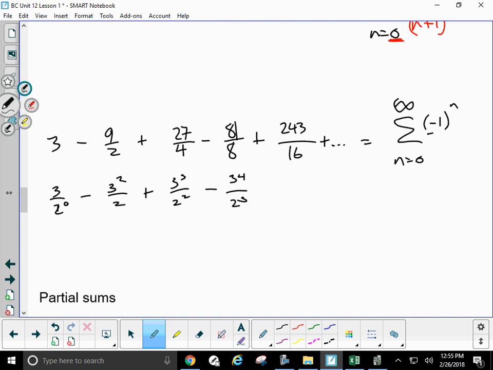I see in the denominator, if I start with n equals 0, that would be a 2 to the n. And I got 3 to the first, and 3 to the second, and 3 to the third. So if I start n at 0, how do I make this 3 to the first? 3 to the n plus 1. If you did not get that, well, try writing it with n starting from 1.